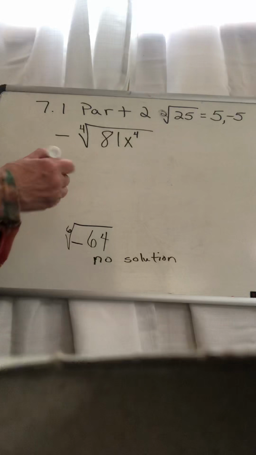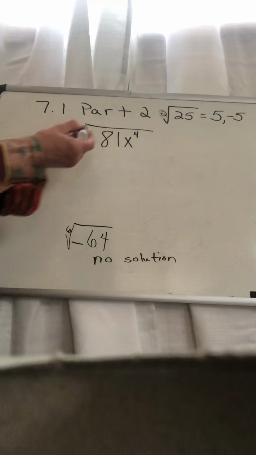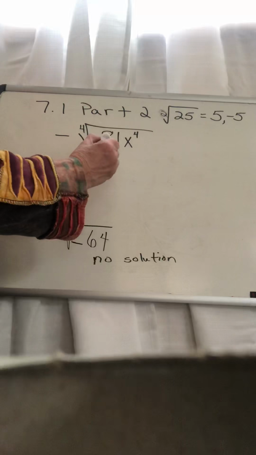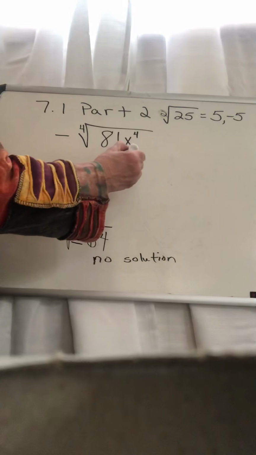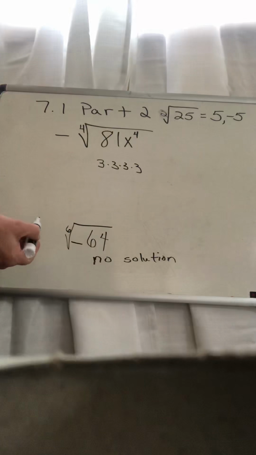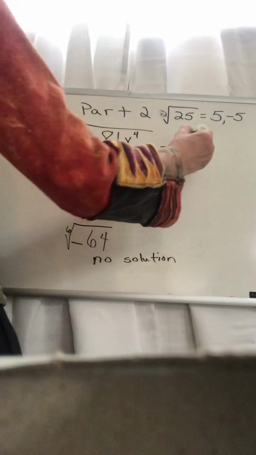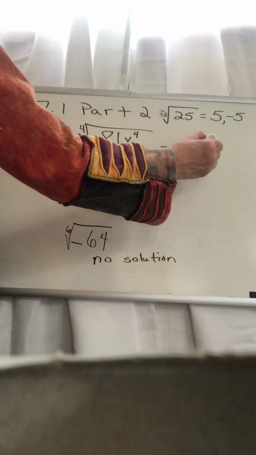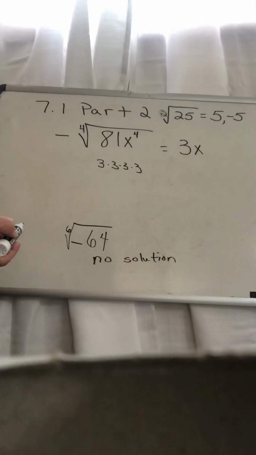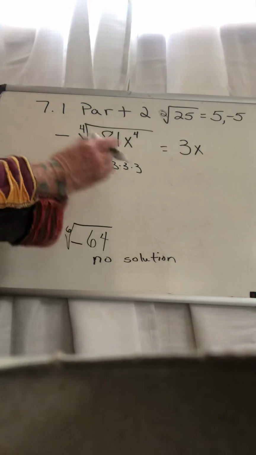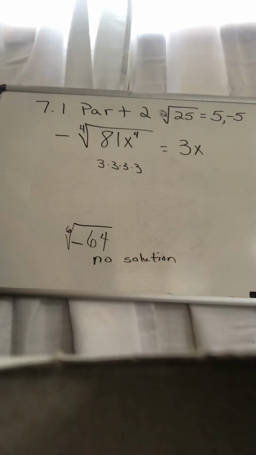Okay, so 3 to the 4th, so 3 times 3 times 3 times 3 is equal to 81. So the root would be 3, then the variable root would just be 1x. We've got a negative sign outside of the radical.